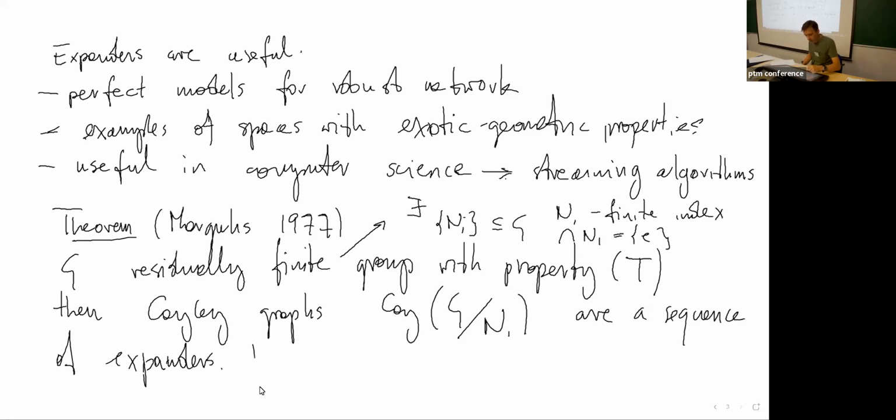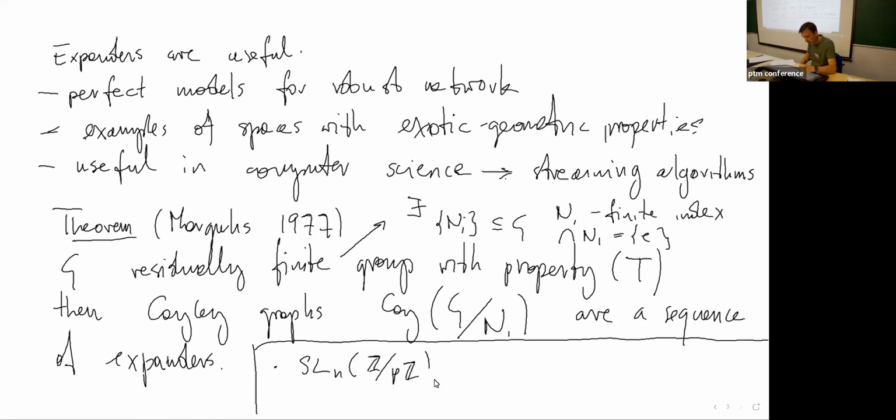Combining this theorem of Margulis with previous results of Kazhdan on property T, you get SL_n(Z/pZ). These, with elementary matrices as the generators for n greater or equal than 3, give you expander graphs. And these are the classical examples here. Whenever you have a residually finite group with property T, you get this as a consequence.